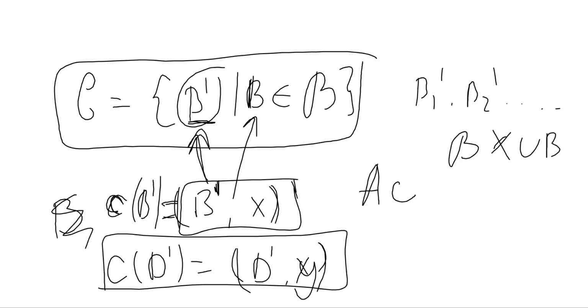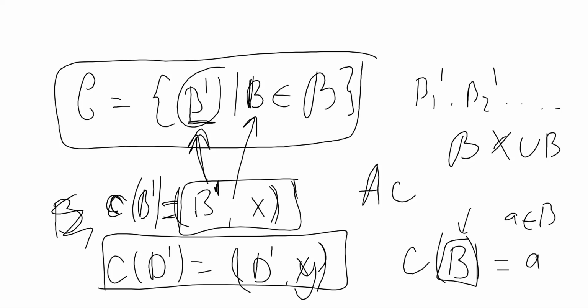Nice. So we wanted to have a choice function that from a set B would give us some element A which is in set B. The only difference for the lemma is that those sets that we have in here may not be disjoint, right? That we wanted to prove that we can do this.